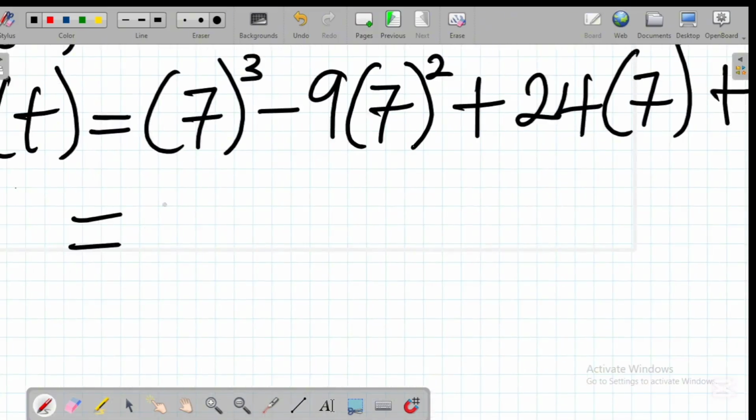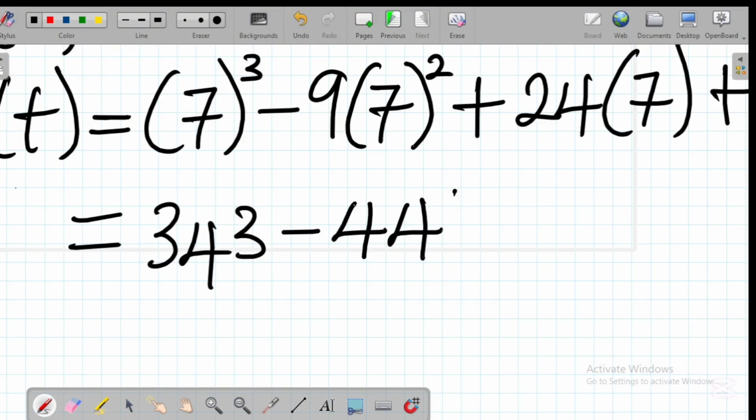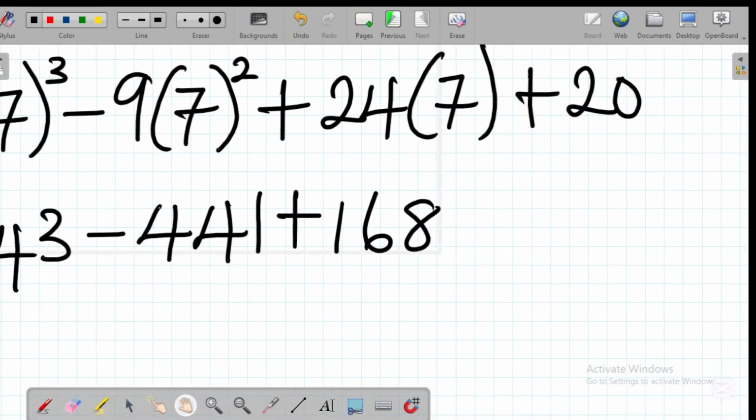So we have 7 raised to the power 3 is equal to 343, and then minus 7 raised to the power 2 multiplied by 9 gives us 441, and then plus 24 multiplied by 7 is equal to 168, and then plus 20.